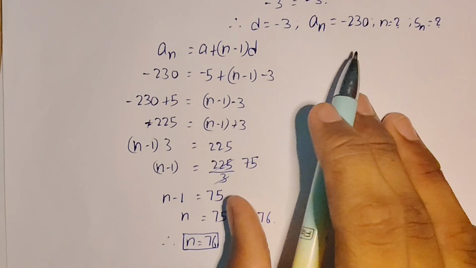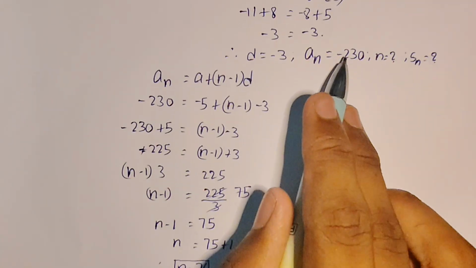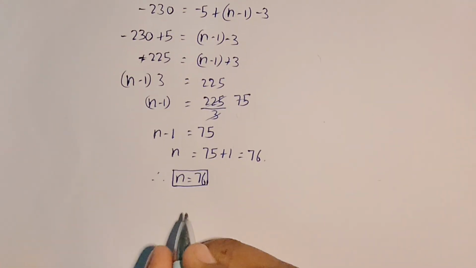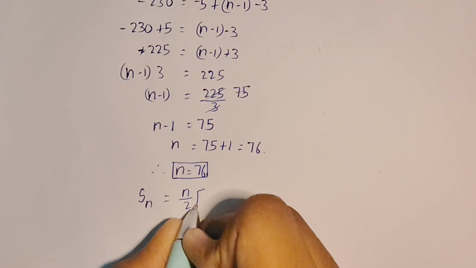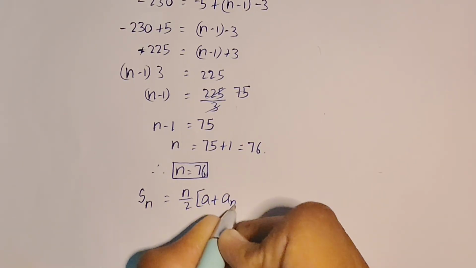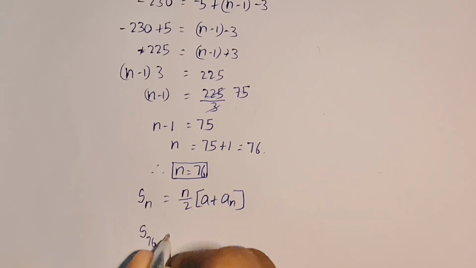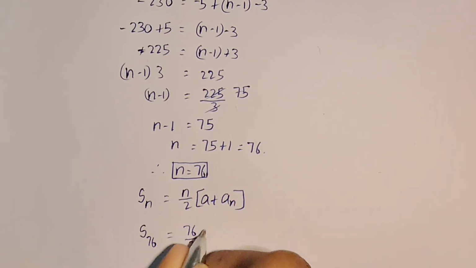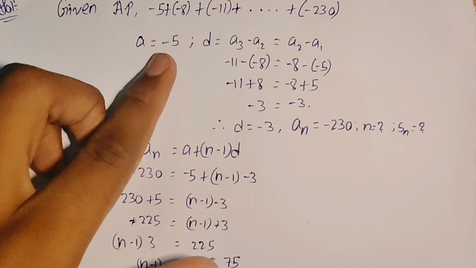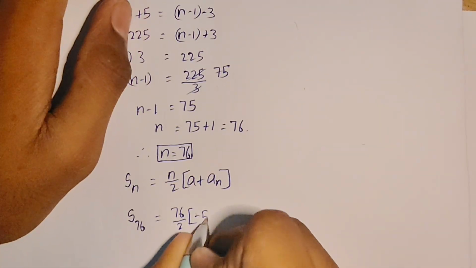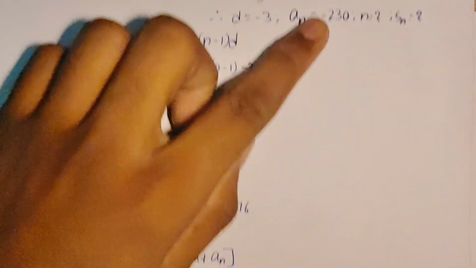Now we already know the value of a and a base n. Now let us find the value of s base n. The formula of s base n is n by 2 into a plus a base n. So s base 76 is equal to 76 by 2 into the value of a is minus 5 plus the value of a base n is minus 230.